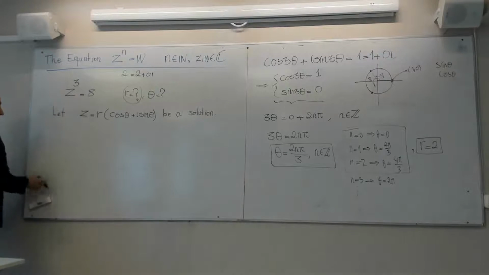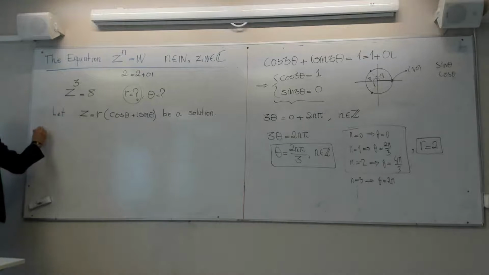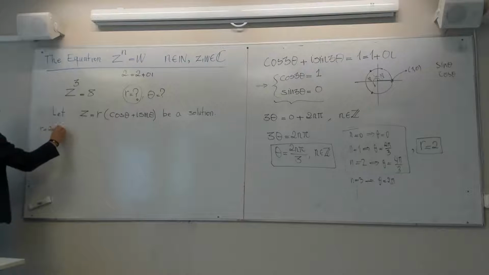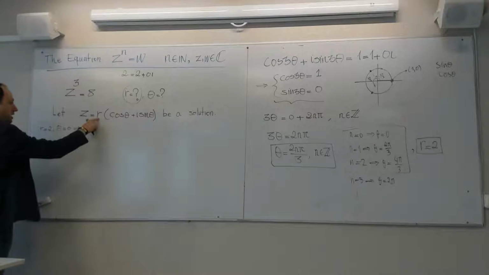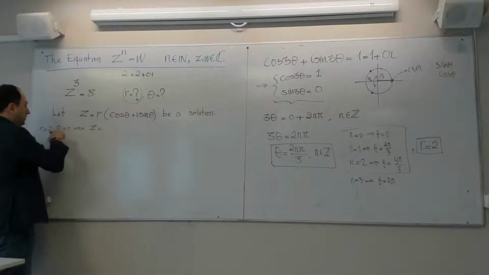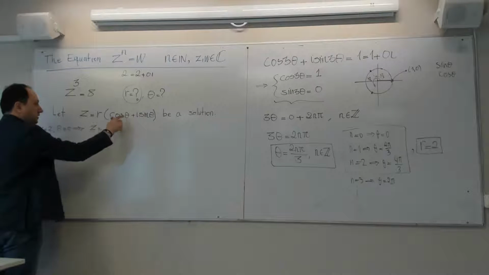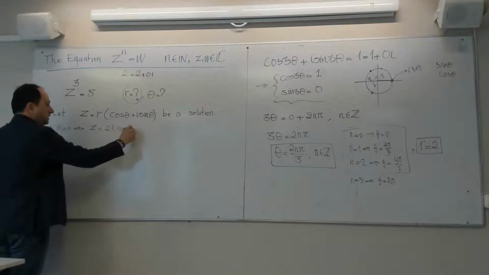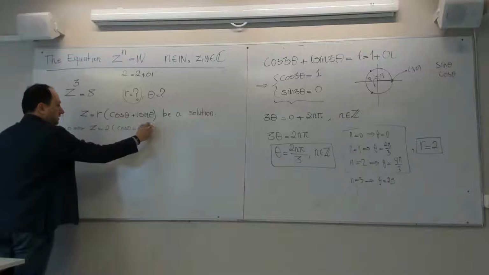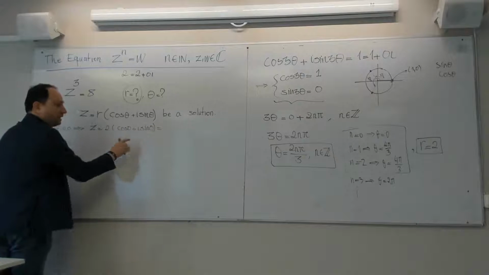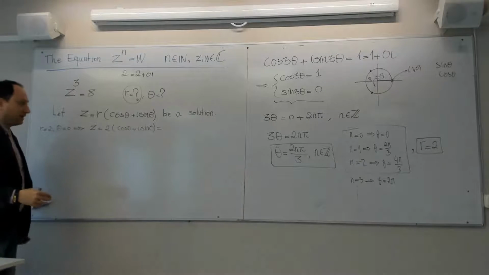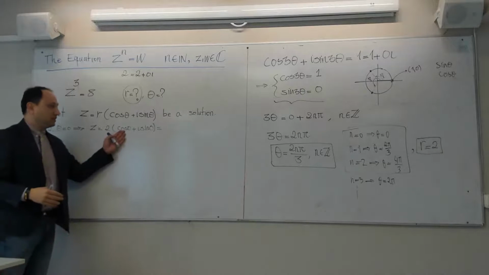So I would say now the final answer is that r is 2, theta is 0. This gives rise to z equals, instead of r I put 2, instead of theta I put 0. But whenever you can calculate these numbers, it is better to calculate them. If they are approximations, then you need to see.